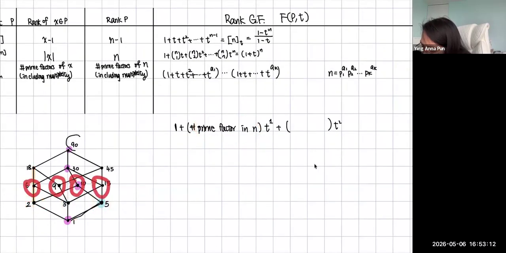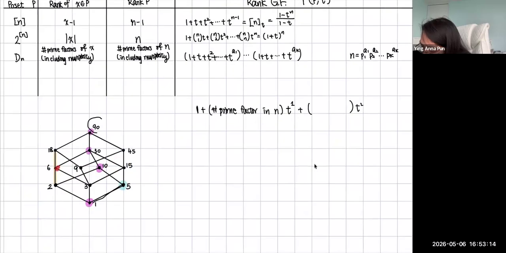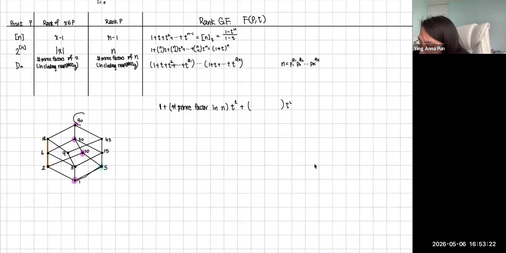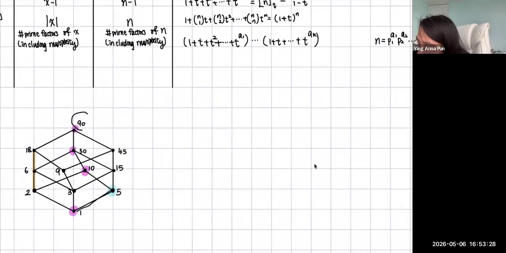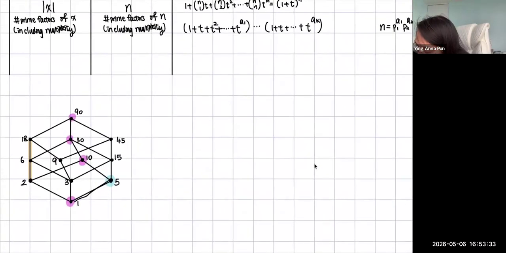These three are the factors of 90, but of rank 2. Why is that? Because they are created by two of the elements. So let's really do this using D90, maybe that's easier to understand. What I claim here is that the rank generating function is like this.